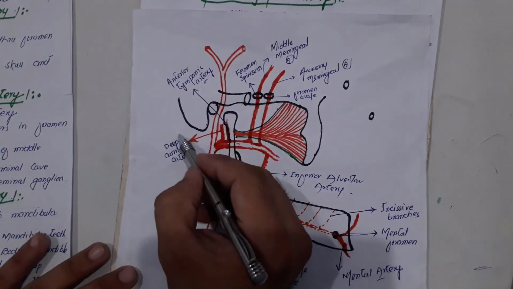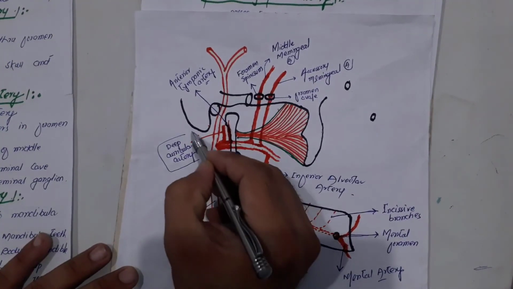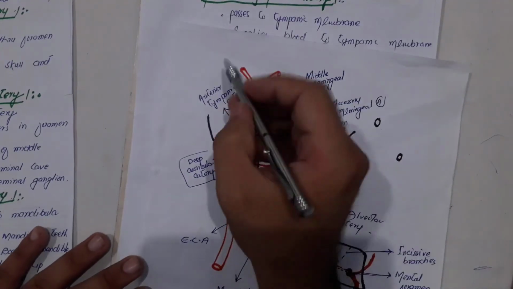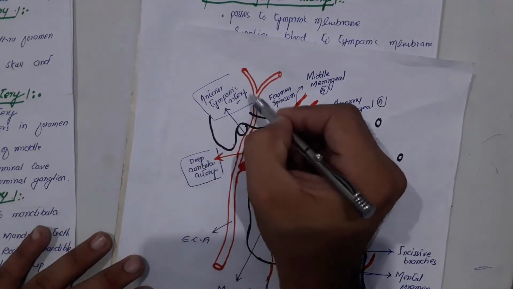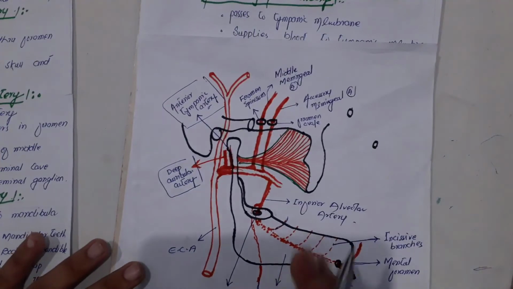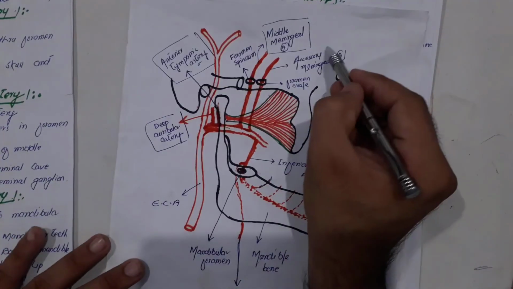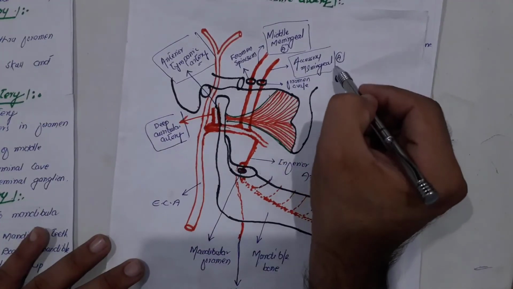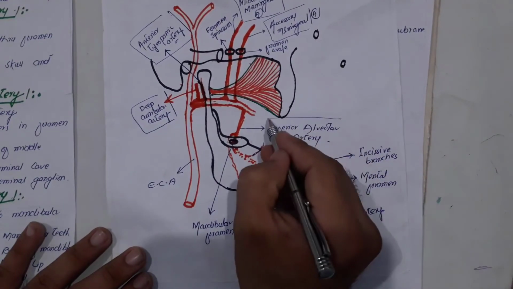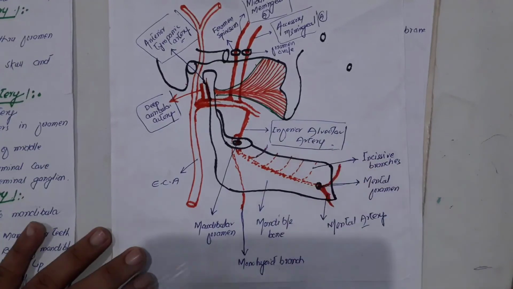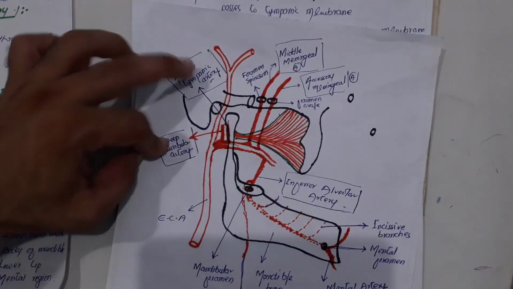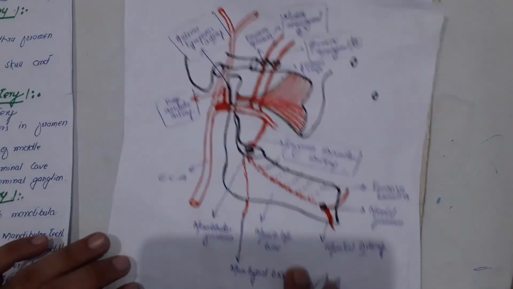The first branch was the deep auricular artery, then there was the anterior tympanic artery, right? Then there was the middle meningeal artery, then the accessory meningeal artery, and then the inferior alveolar artery. So how many branches total? 1, 2, 3, 4 and 5 branches, right?